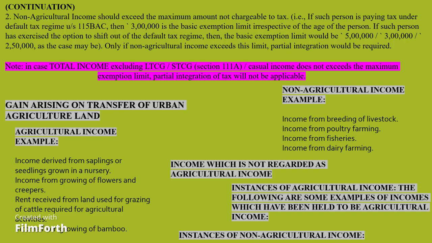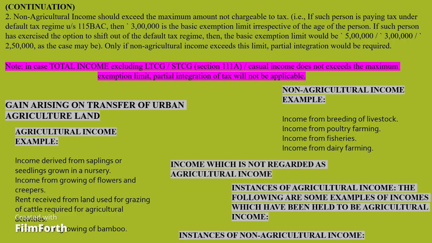Compensation received from insurance company for damage caused to the crops by hailstorm or flood. Salary, interest on capital, share of profits, etc., received by a partner of a firm having agricultural income. Income from running a dairy which is purely incidental to agriculture. Income from growing flowers and creepers. Income from saplings and seedlings grown in nursery.